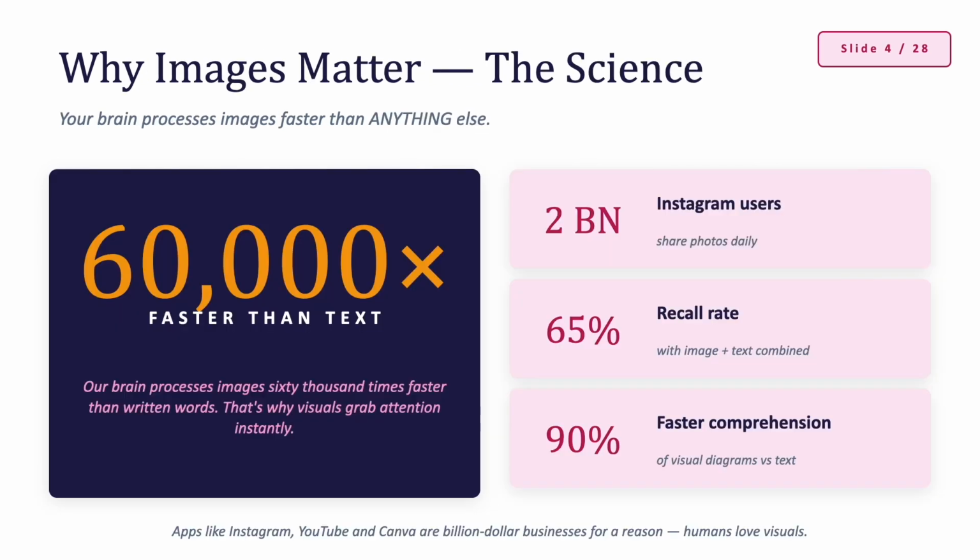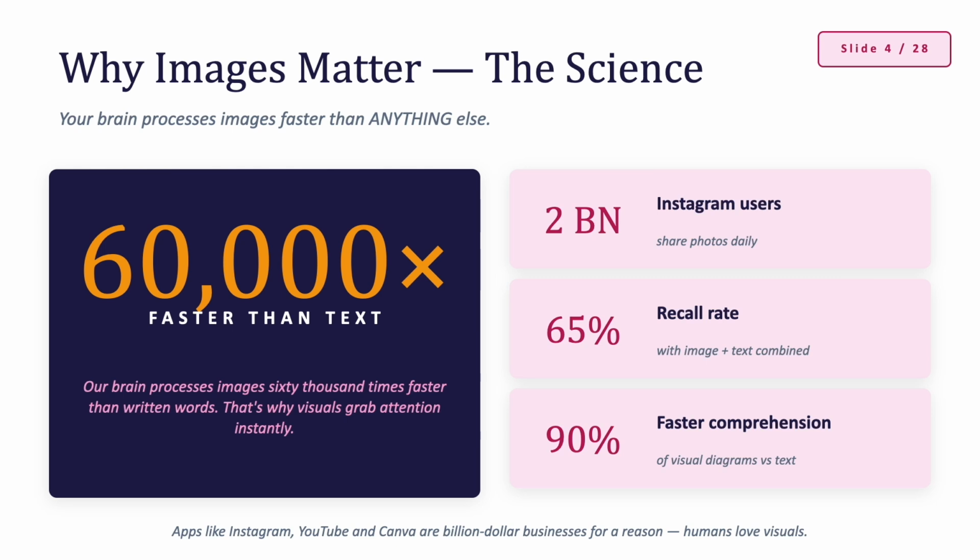Think about your day: every Instagram reel, every YouTube thumbnail, every meme on WhatsApp, they all use the same image handling concepts you are about to learn. School projects, resumes, PowerPoint, reports, and even advertisements.